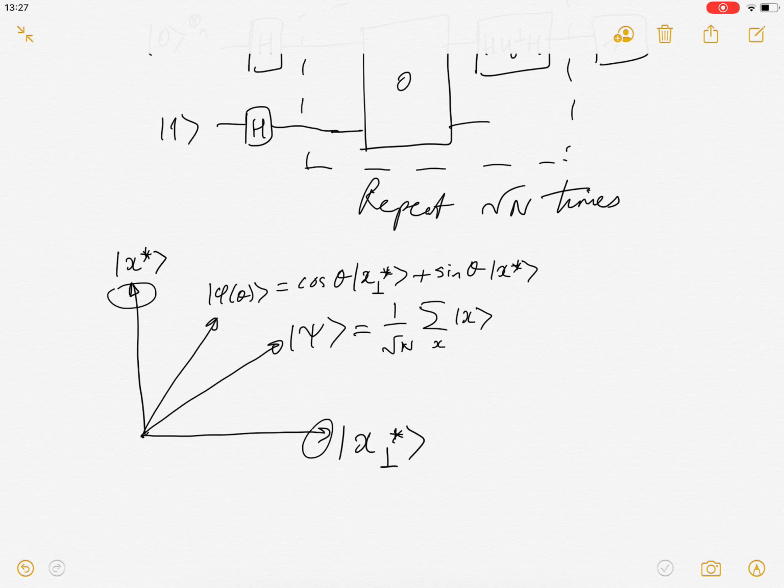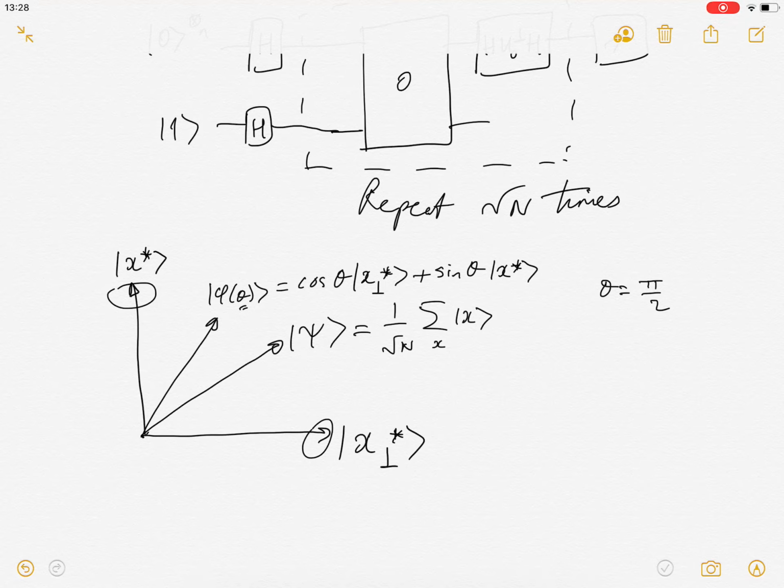So any vector that lies in this vector space can be written in this trigonometric form. Now the key value, the vector x star, is obtained when theta is equal to pi over 2.